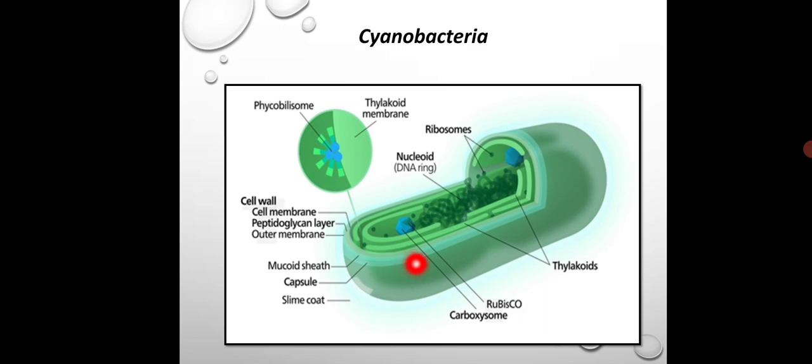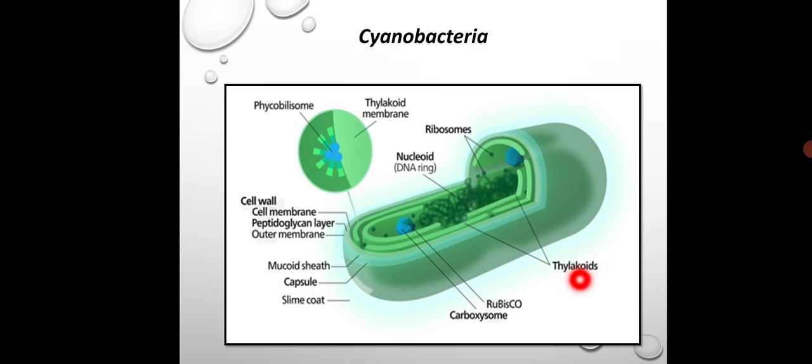Now the Rubisco enzyme also plays a key role in the dark reaction, or the Calvin cycle. Rubisco is an enzyme which has a huge role in fixation of carbon dioxide, that we will see in our further videos. Then this green coiling structure is of thylakoids.